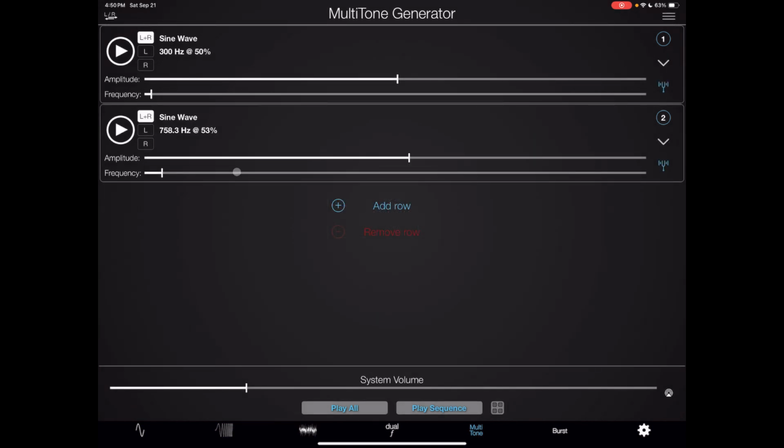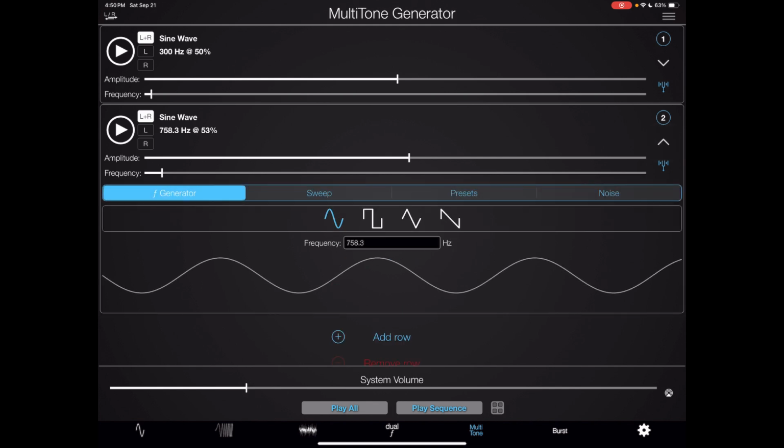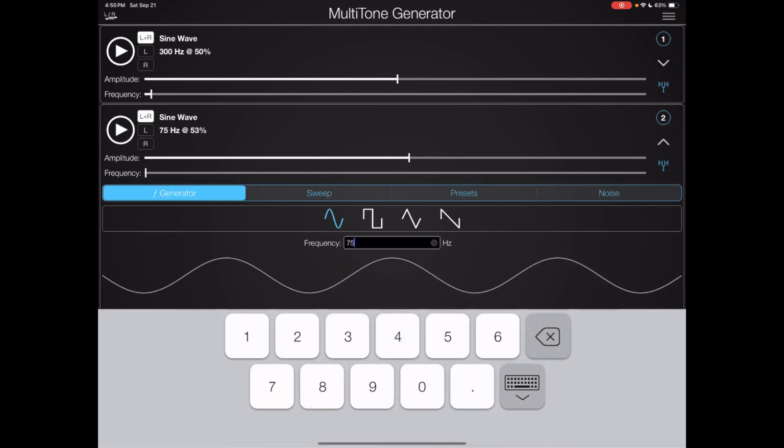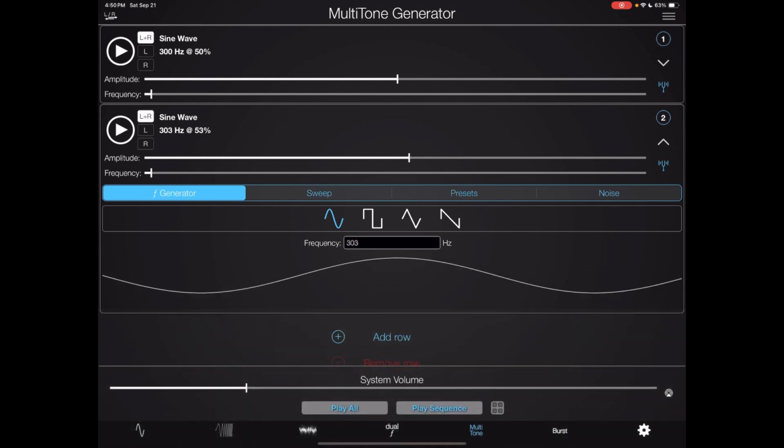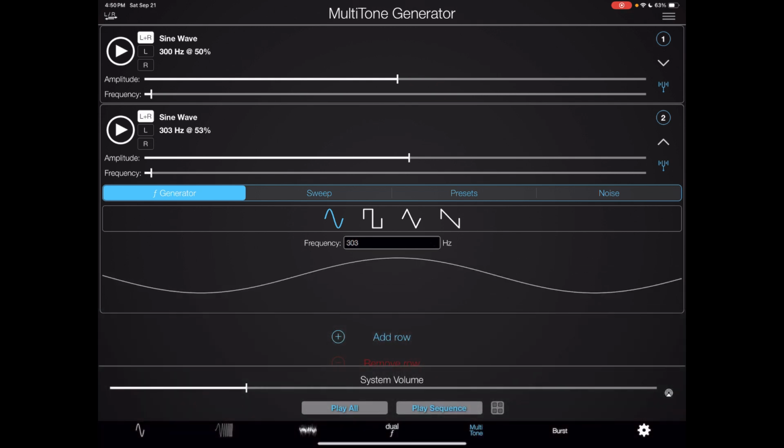Okay, let's see. There it is. This is the way to put back 300, or 303 there. So this is our beats.